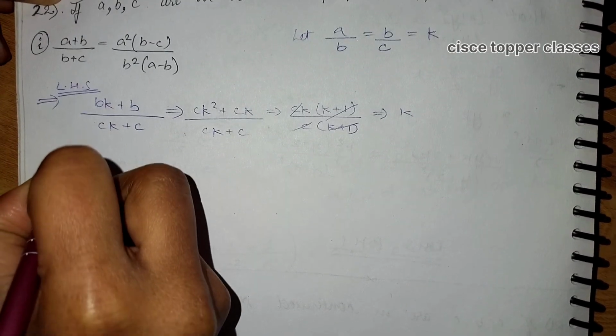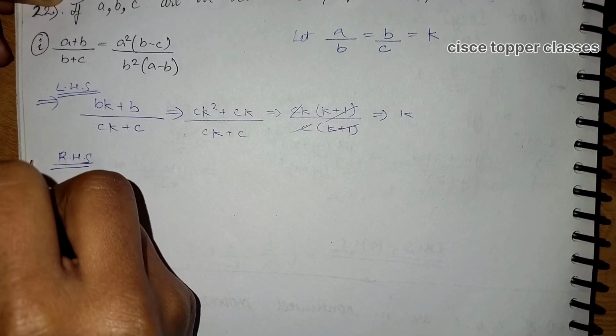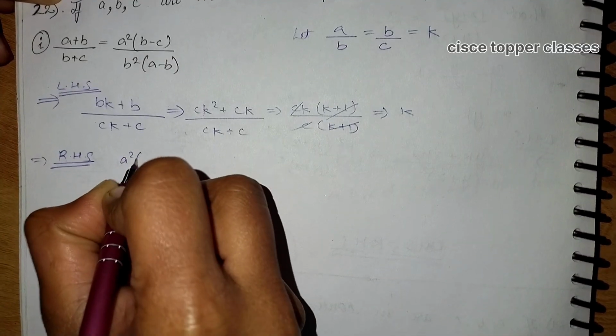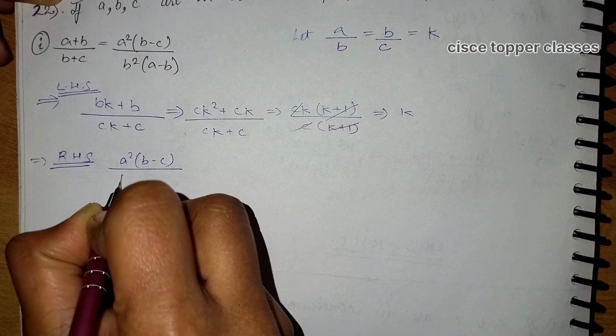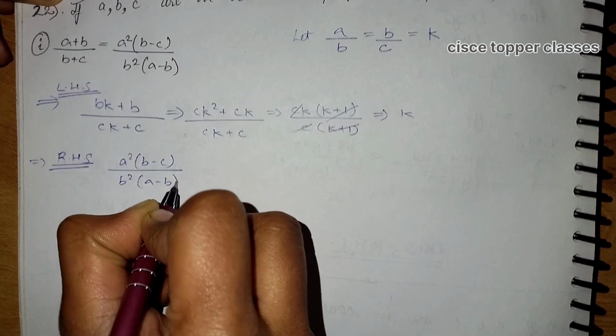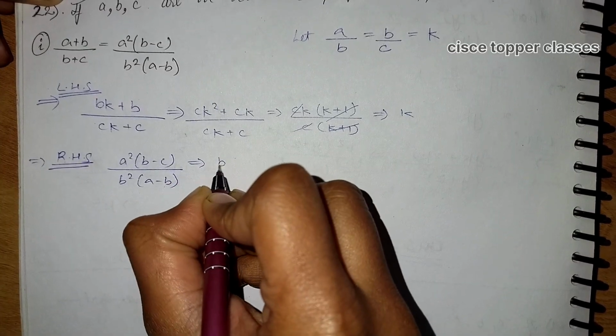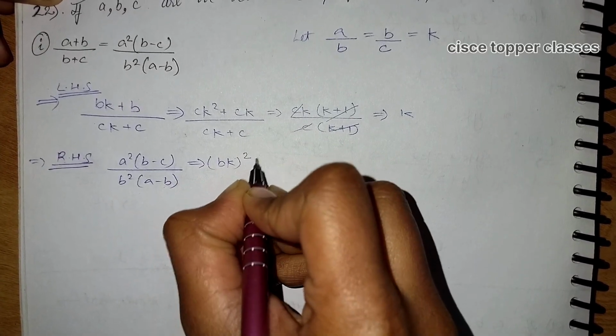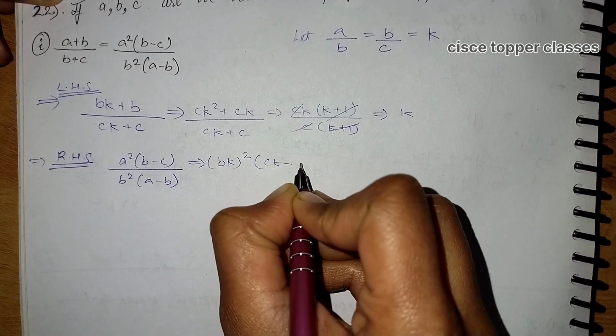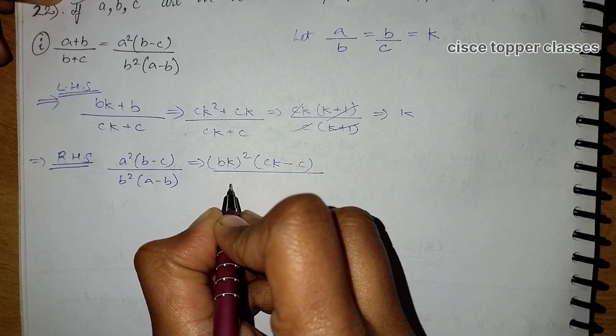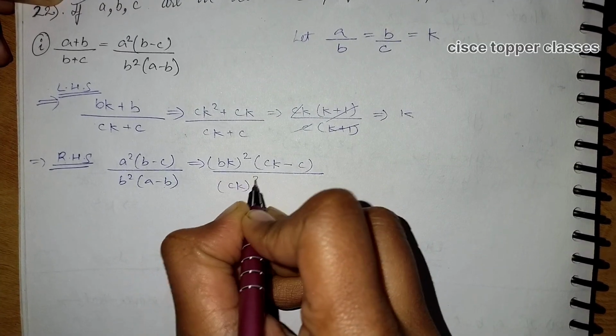If we take the RHS part here, that will become A square (B minus C) divided by B square (A minus B). In place of A we can put (BK) whole square. In place of B, CK minus C divided by B will become (CK) whole square.